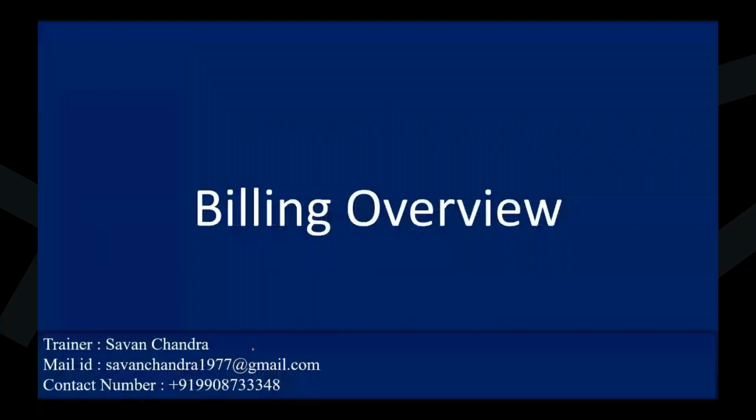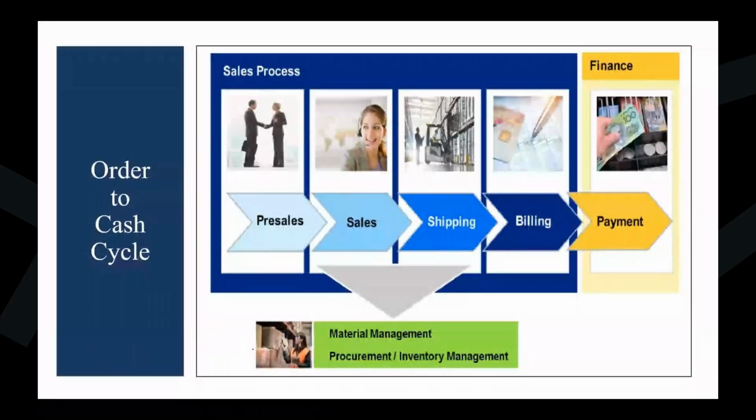Okay. So first we'll start with the billing overview. We'll understand what billing is. In the sales process, as we discussed earlier, after the pre-sales phase, once the customer accepts buying the product, we create the sales order. Using that sales order, we create the outbound delivery in the shipping process, which we covered in the earlier session.